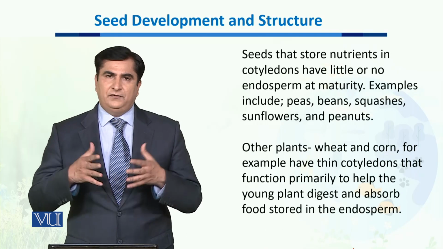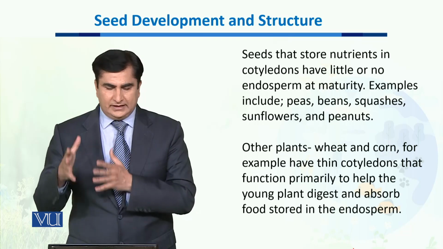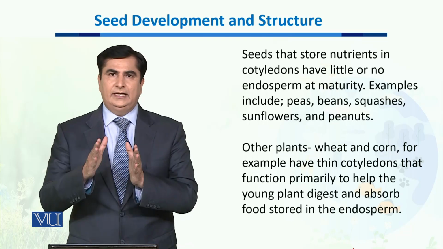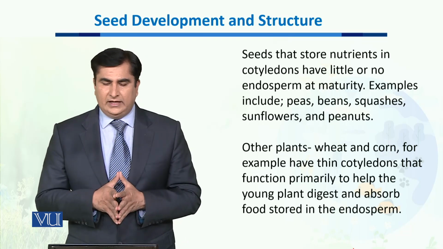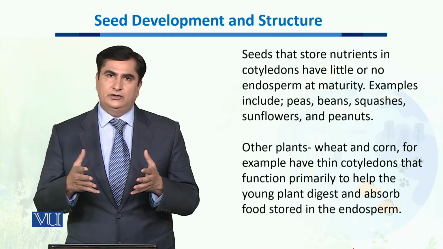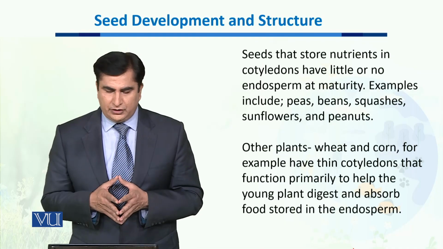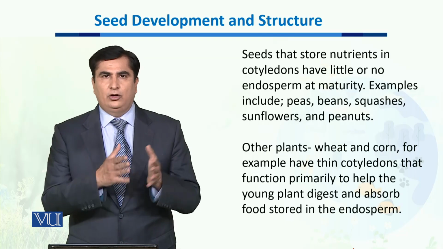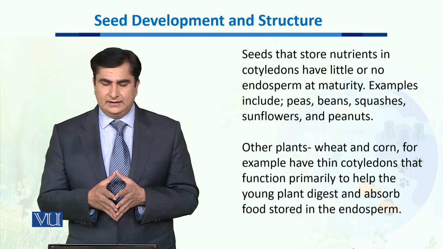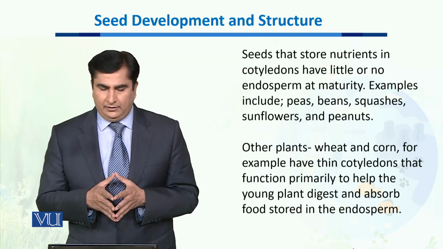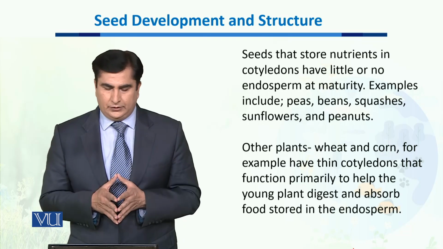Now, those seeds that store nutrients in the cotyledon actually have little or no endosperm at the time of maturity. Examples include peas, beans, squashes, sunflowers, and peanuts, etc.